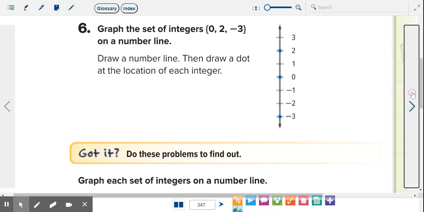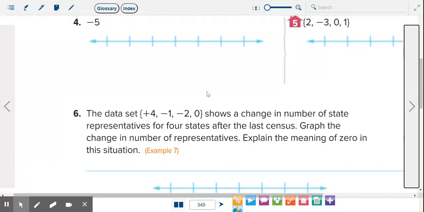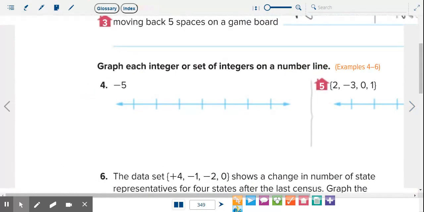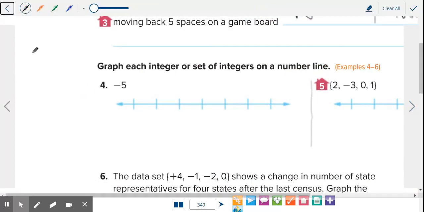Let's jump a couple pages back over to page 349 again. All right, we're going to do 4 and 5. It says graph each integer or set of integers on a number line. The good thing is when you have a number line like this, you get to pick the numbers you put on there.